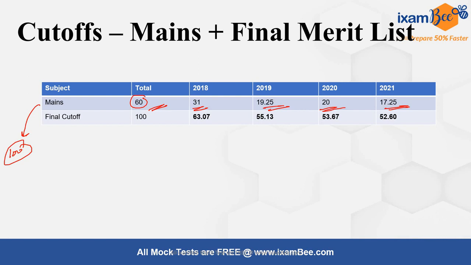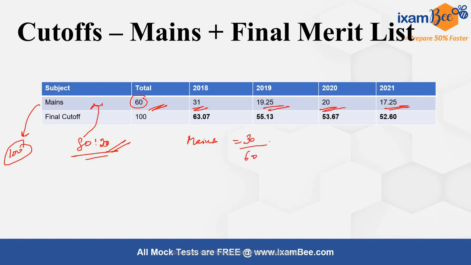I'll give you an example why I am saying so. Prior to that, please see that the mains and interview ratio is 80:20. Mains hold 80% weightage and interview holds 20% weightage. Now what does this mean? Let's say out of 60 in mains, you score 30 marks.